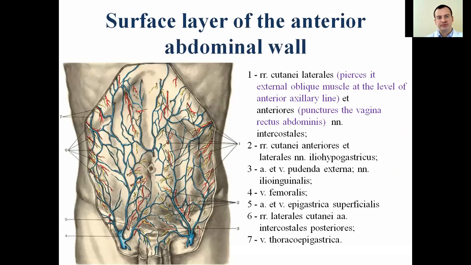Surface layers of the anterior abdominal wall. Rami cutanei anterior et lateralis pierce the external oblique muscle at the level of the anterior axillary line, and puncture the vagina of the rectus abdominis, nervus intercostalis, nervus iliohypogastricus.